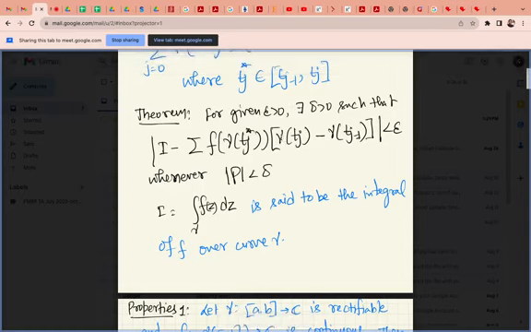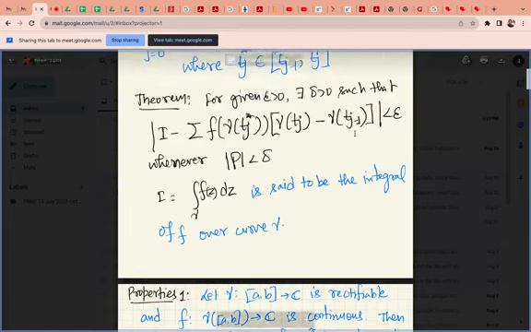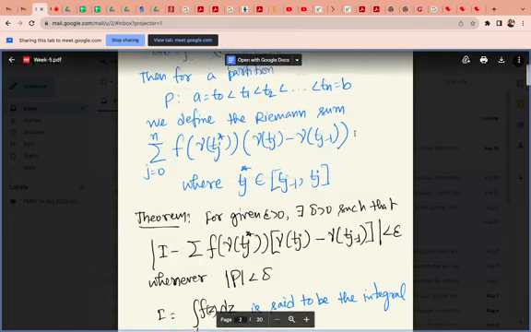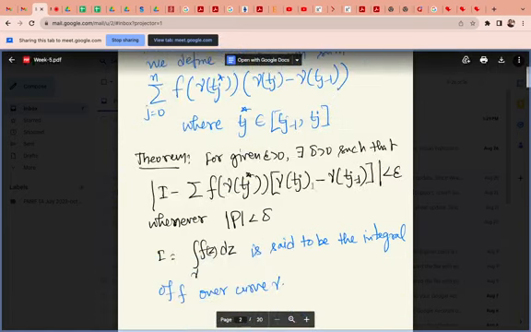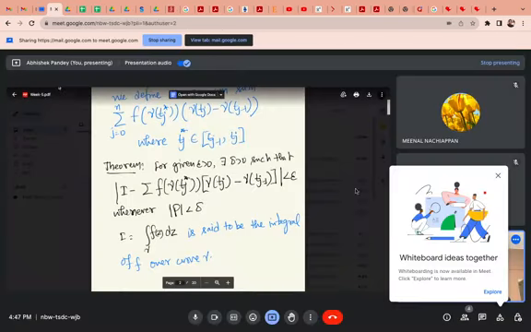Okay, and similarly this will be gamma of h of tj and gamma of h of tj minus 1. Now since your h is continuous and non-decreasing, this summation modulus will again be less than epsilon.